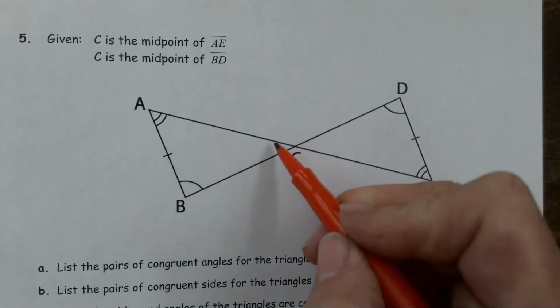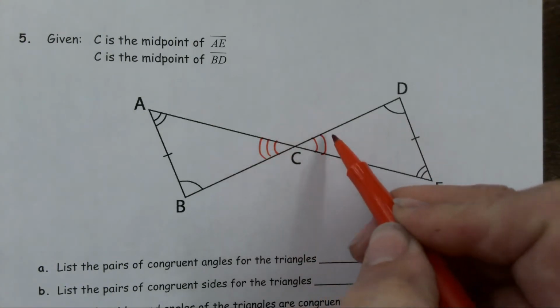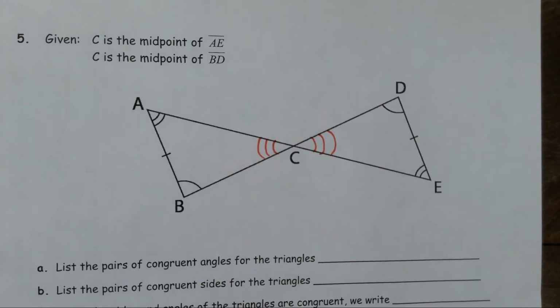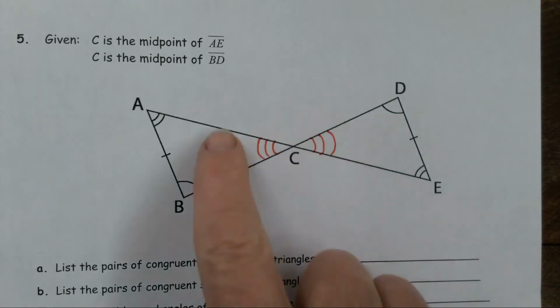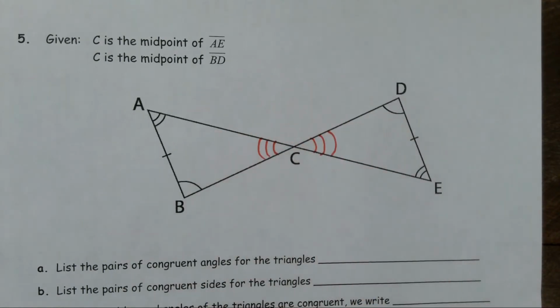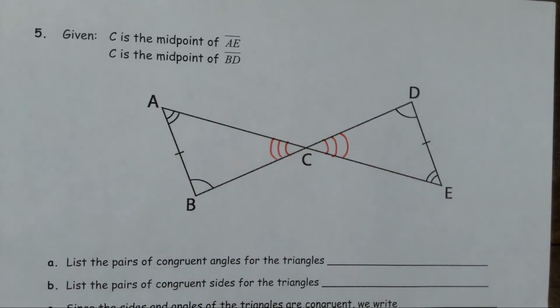Right here is vertical, so these are congruent. So you can always mark congruent angles. I could actually mark the angles up here, right? The upper and the lower, but are those going to help me with my triangle? No. So I don't bother doing that. They are, yes, congruent, but it's not going to set up the triangle for me.